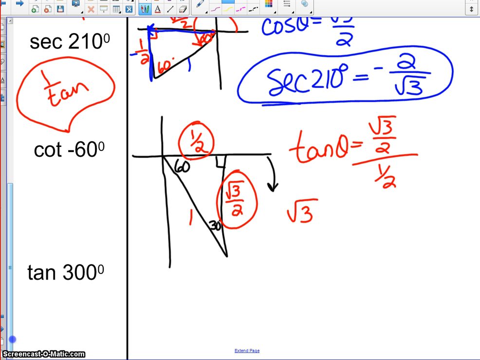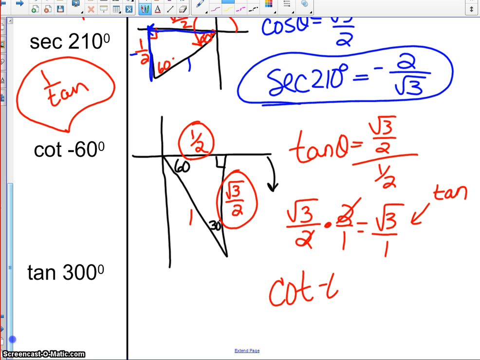Well, you multiply by the reciprocal. I'm going to multiply by 2 over 1. This way this reduces to a 1, and my answer is just square root of 3 over 1. Now, we're not dealing with tangent, which is what this is. We're dealing with cotangent. So the cotangent of my negative 60 degrees is going to be 1 over square root of 3.